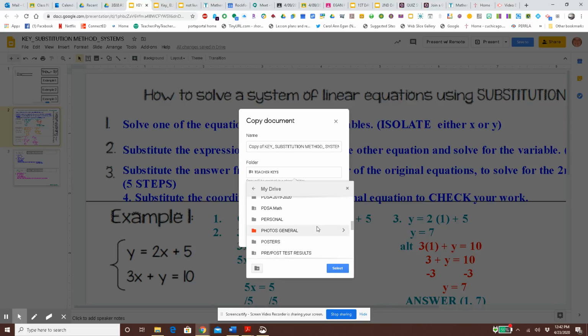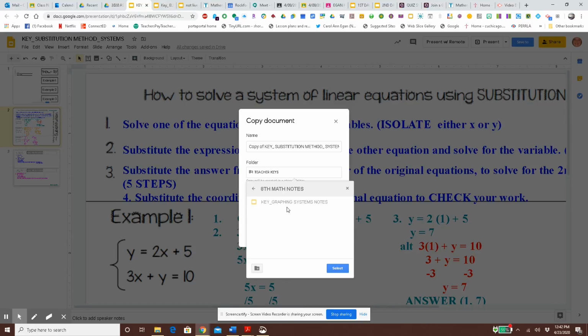Either way, you guys should have one that says Math Notes, because we made that the last time we did this. I'm going to go back and check. Groups, 6th grade math resources. Oh, here we go. 8th grade math notes. I had to make it fancy. You guys could just call it math notes because you know you're in 8th grade.